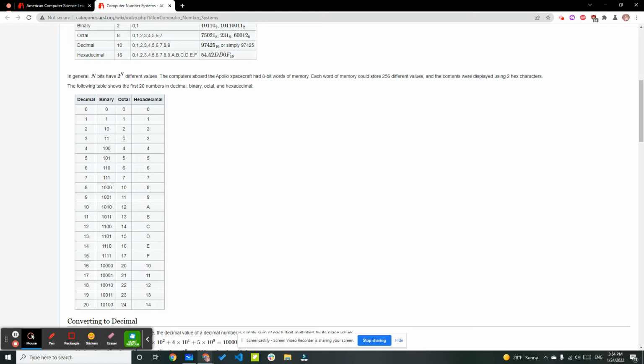Octal goes 1, 2, 3 up to 7, then 10, 11, 12, 13, 14, 15, 16, 17, so it skips 8 and 9, and then 20, 21, 22, 23, 24. Hexadecimal goes up to 9, and then A, B, C, D, E, F, and then 10, 11, 12, 13, 14.